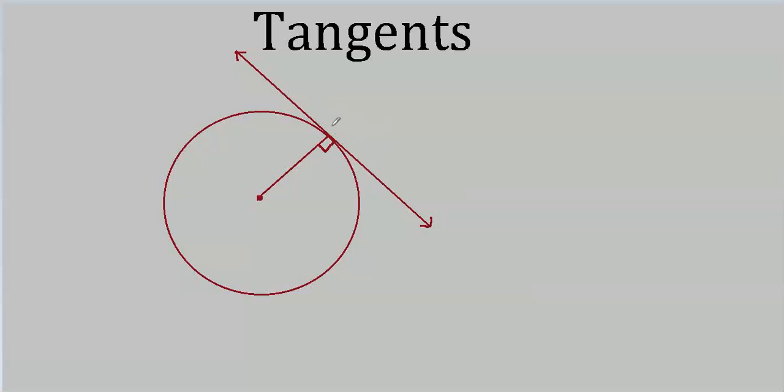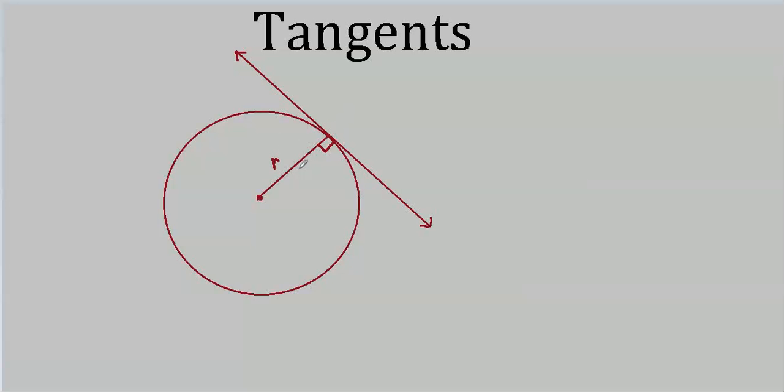Well, let's see here. The point of tangency is on the circle. The distance from any point on the circle to the center is in fact this radius here, r. Radius, the word itself, is used to refer to the segment.